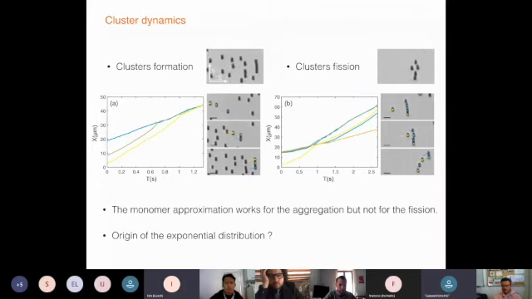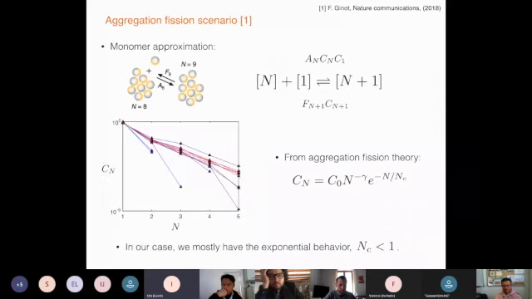Just to continue, with regard to the exponential distribution for the cluster sizes, I guess that it only applies to some intermediate regime of density, right? Because if you are very, very dense, you will not see this kind of distribution. And when you're very dilute, you will not see this as well. So clearly, if you are in a dilute regime, you won't see clusters.